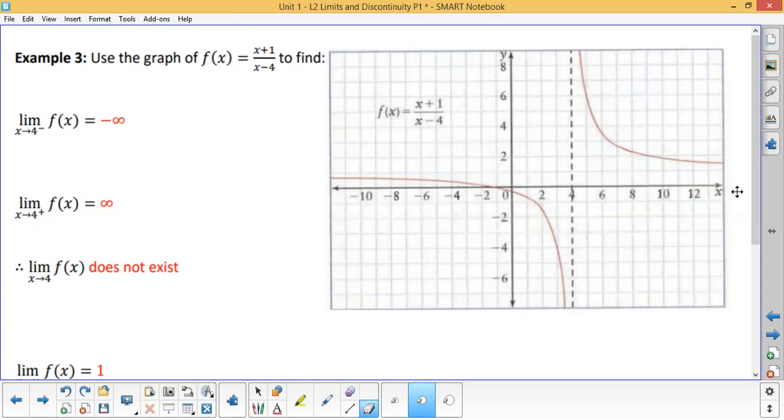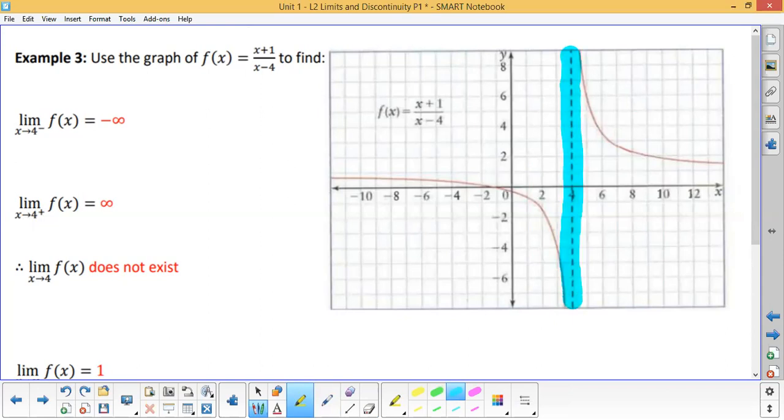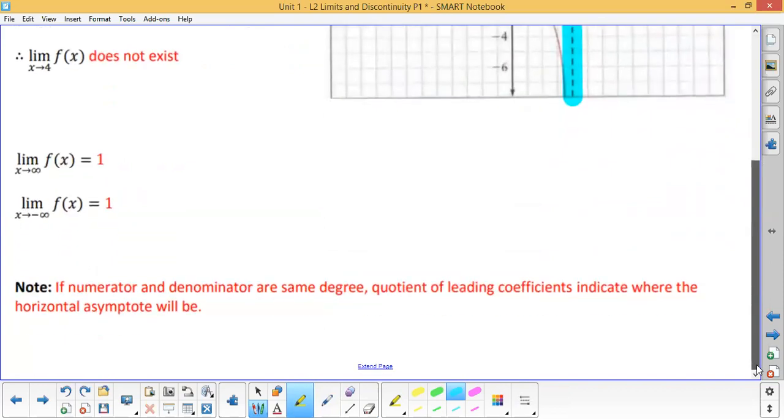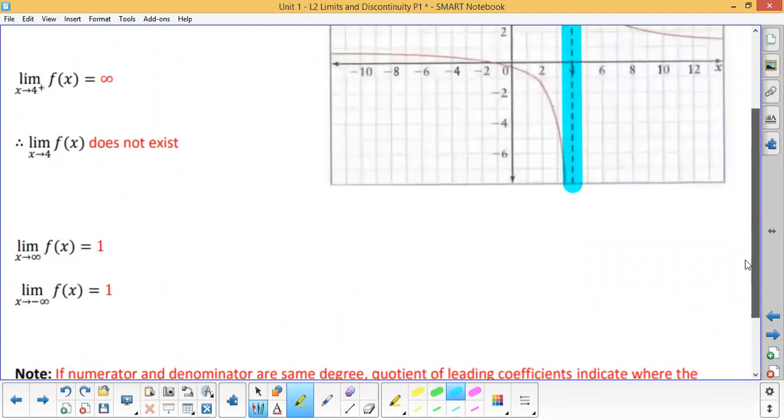Now, we know there is a vertical asymptote, but those of you who already know MHF also know that there's a horizontal asymptote because, and I have made a little note here for those of you who haven't taken MHF, if the numerator and denominator are the same degree, the quotient of the leading terms indicates where the horizontal asymptote will be.